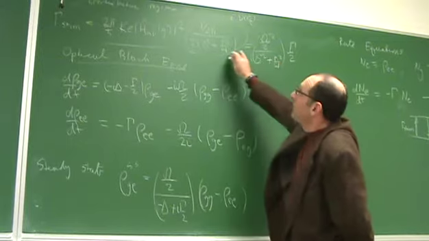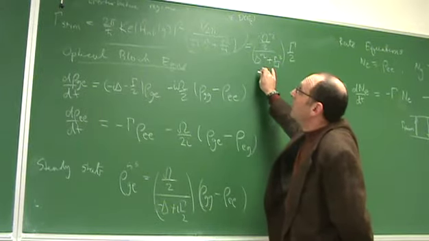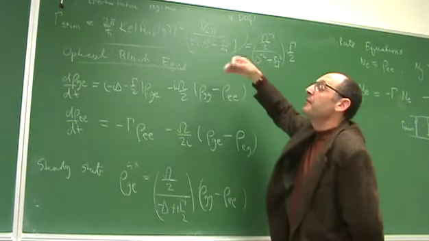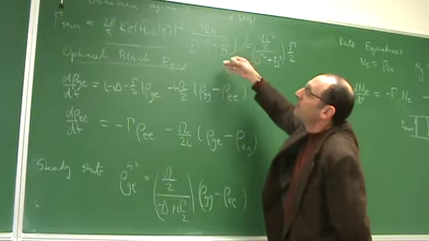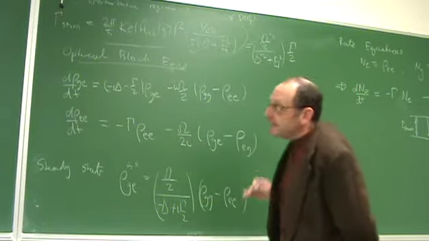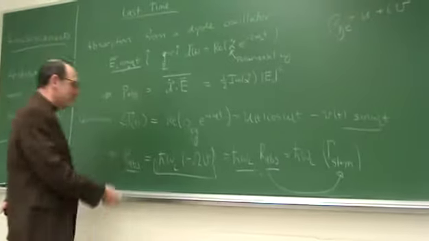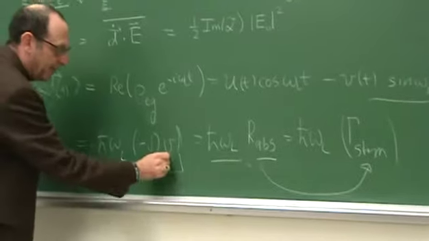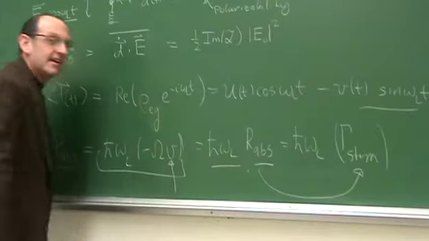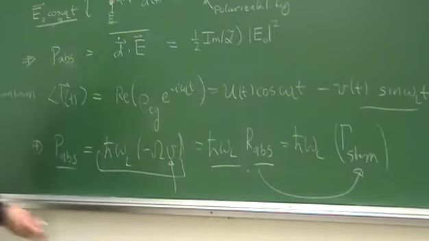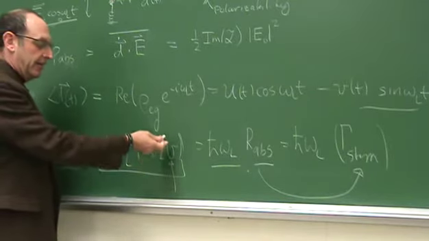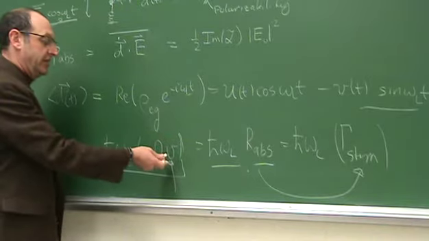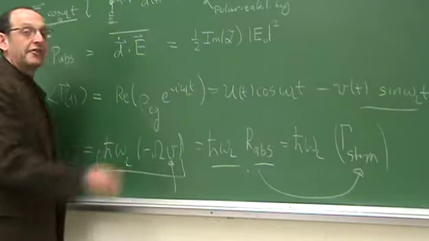And this Fermi's golden rule, which is the time dependent perturbation theory solution for the transition rate, is exactly the same thing that we get from this expression if we plug in for V based on the perturbative solution to the master equation.